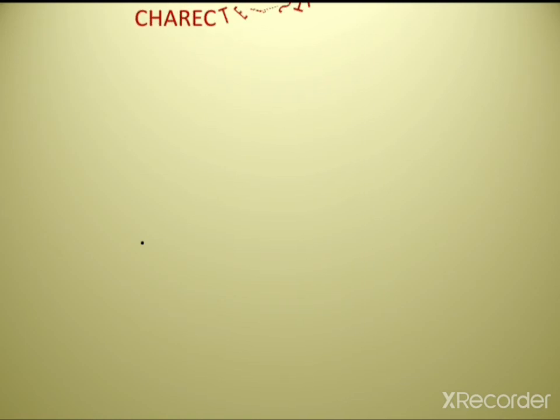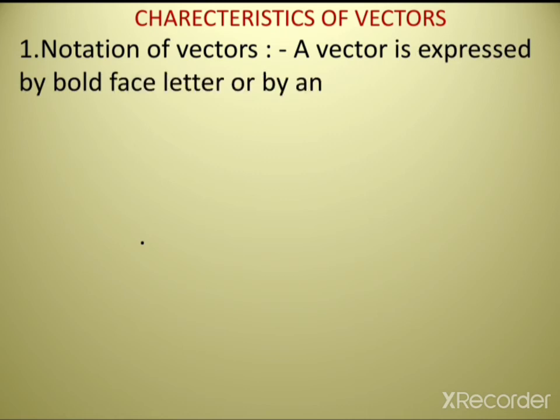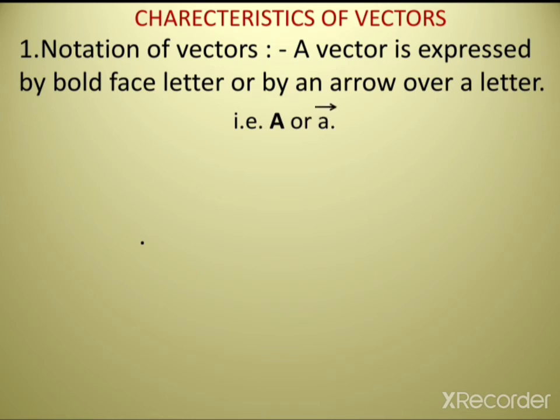Now let's discuss the characteristics of vectors. First is the notation of the vector, how we express a vector quantity. A vector quantity is expressed as the boldface of a letter or by an arrow over a letter, that is a, or a with an arrow over it.